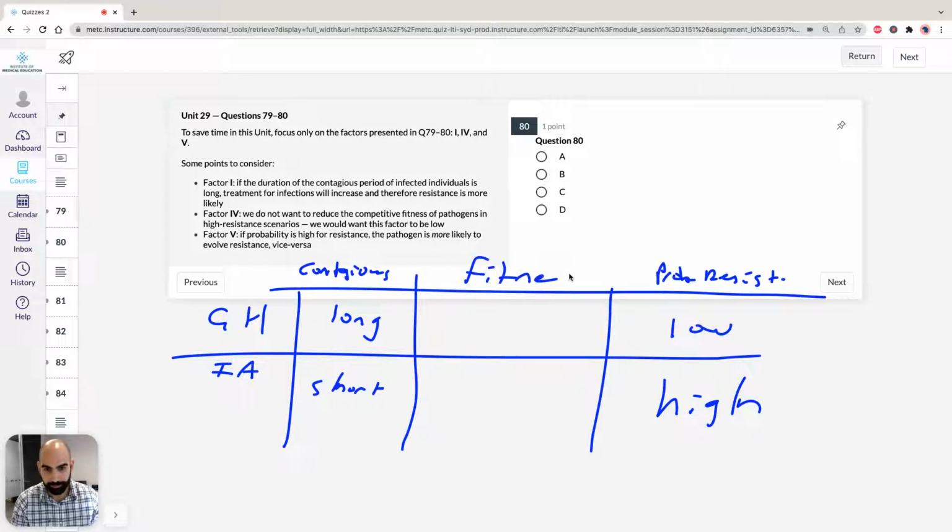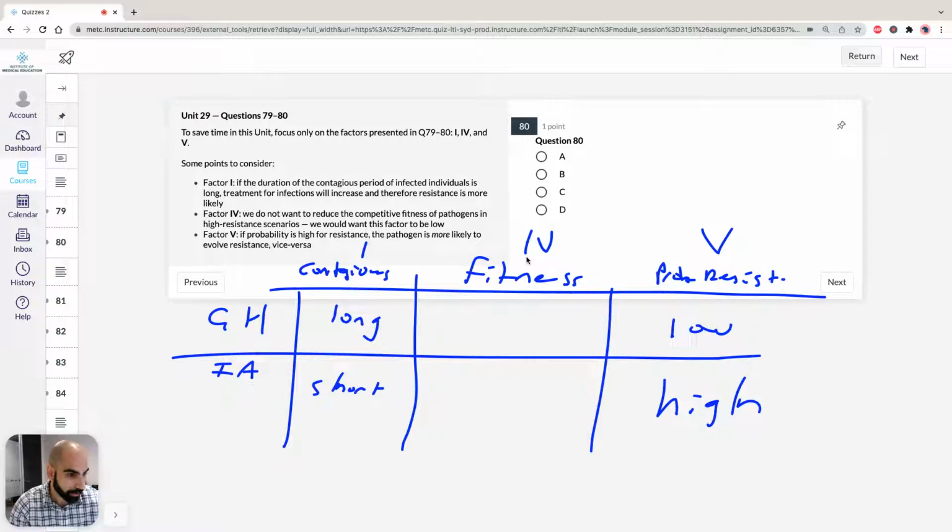Okay. So remember, we're being asked for options 1, 4, and 5. The contagiousness is option 1, the fitness is option 4, and the probability of resistance is option 5. So recall this. For fitness, it tells us for our genital herpes, reduced fitness of the virus after it becomes drug resistant.